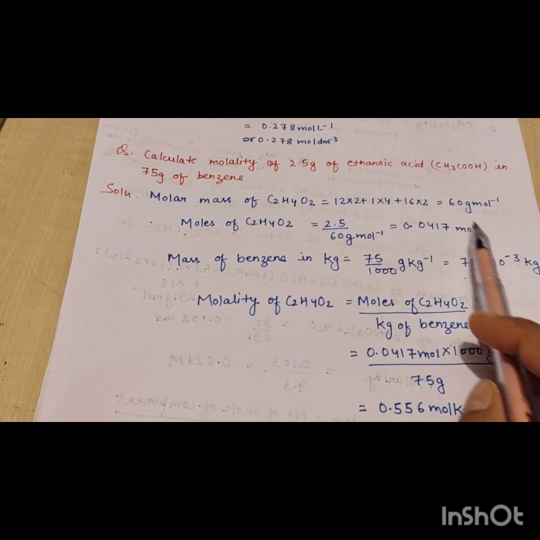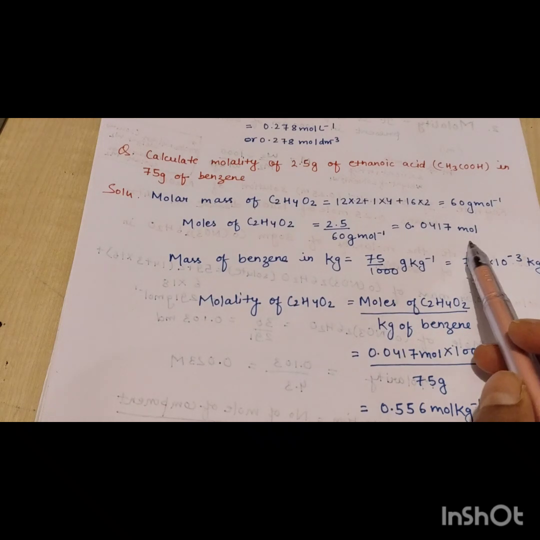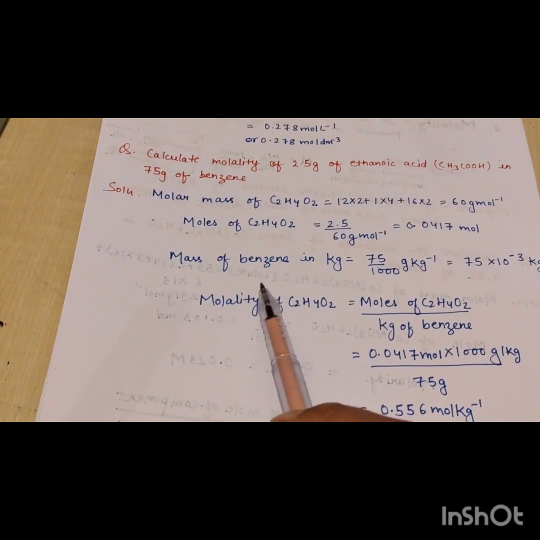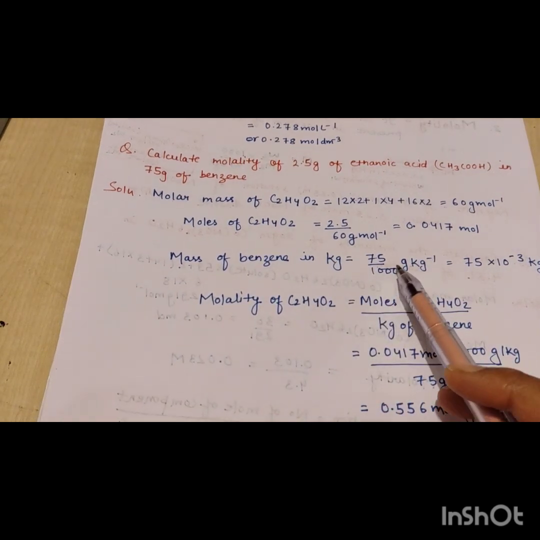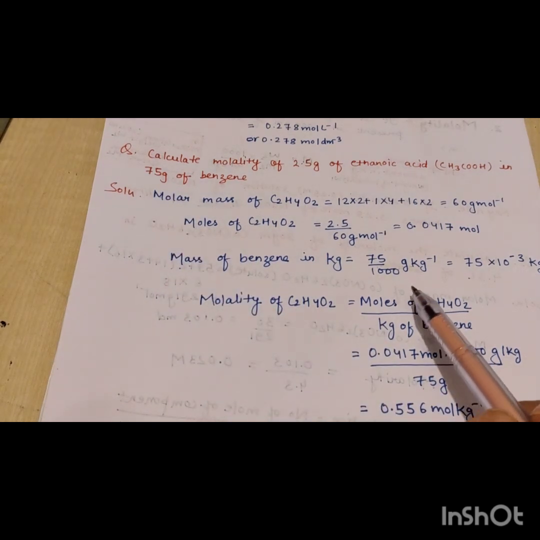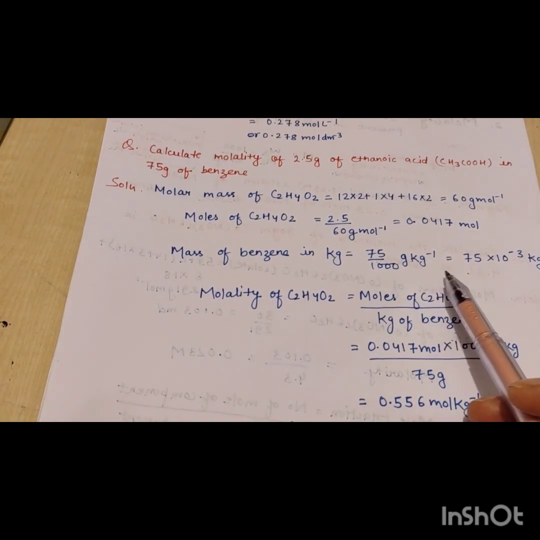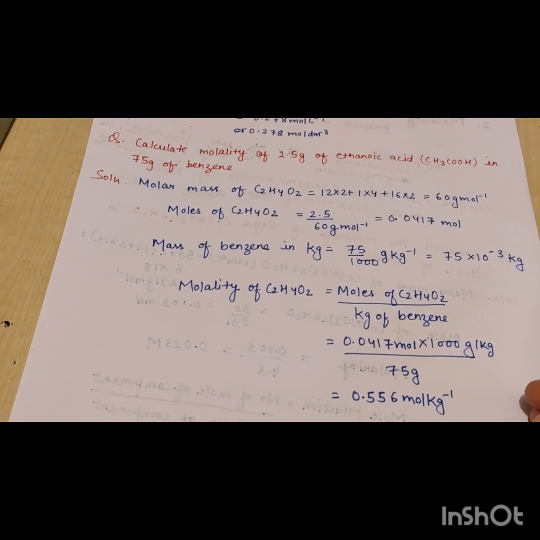So 0.0417 mole of ethanoic acid is dissolved in 75 gram of benzene. Now, what is the mass of benzene in kg? 75 gram is given, so 75 divided by 1000 gram per kg, which can be written in scientific notation as 75 into 10 to the power minus 3 kg.